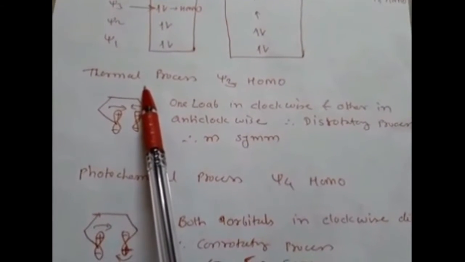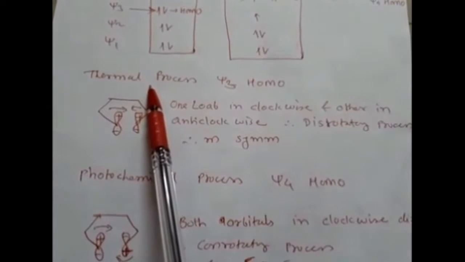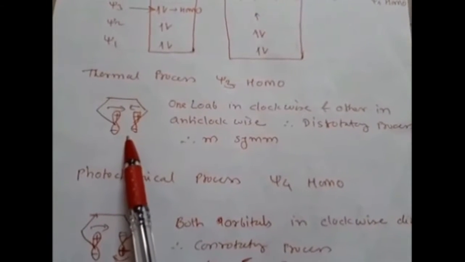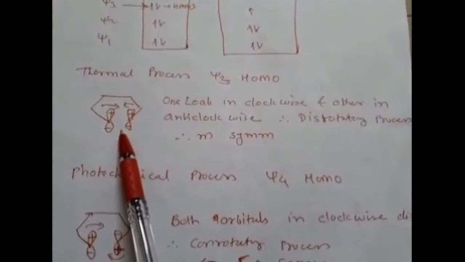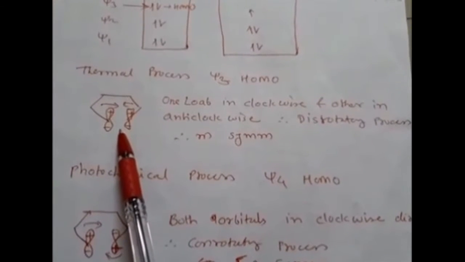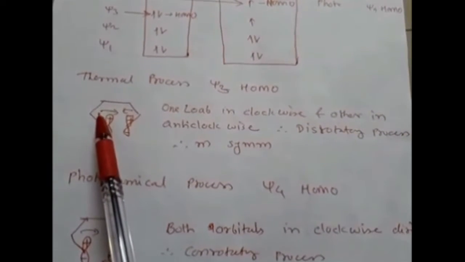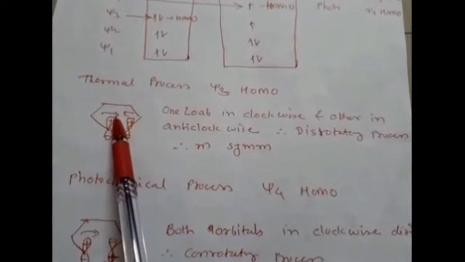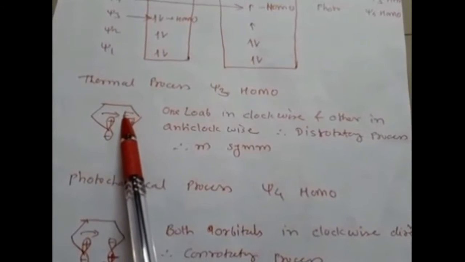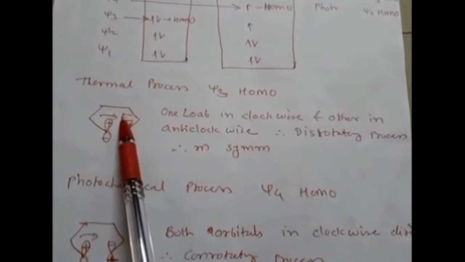Now how the thermal process is a disrotatory process, as the conclusion drawn by correlation diagram method. In case of thermal process, Psi3 is HOMO and its structure is like this. Refer part 2 of this pericyclic reaction. Now see here, in order to match positive signs, I have to rotate this orbital in clockwise direction, whereas this orbital in the anti-clockwise direction.